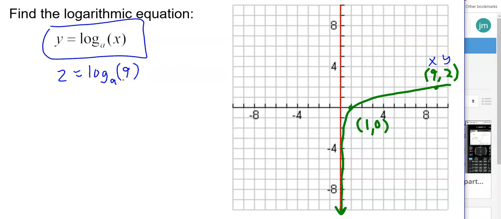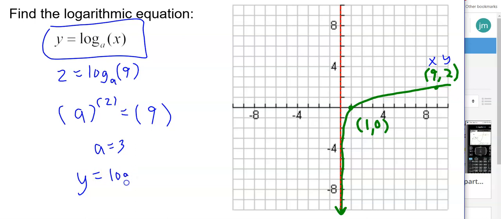Now, to solve it, typically what we do is put it in the other form, right? So let's put it in exponential form and see if that makes sense to us. It'll be a to the exponent, which is always the other side because log is an exponent. So a to the second equals 9. What to the second power is equal to 9? A must be 3. Therefore, my equation is y equals log base 3 of x.